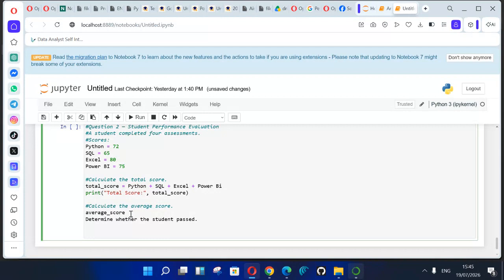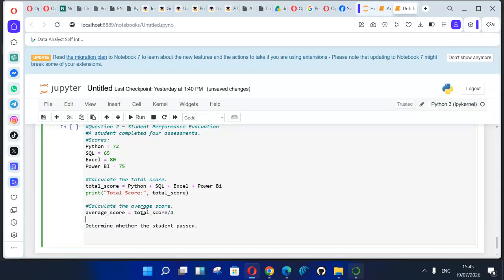Average score is equals to total score divided by 4. Now print.